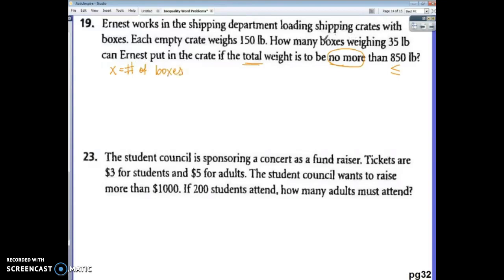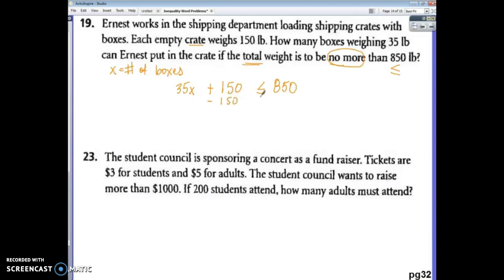It says how many boxes weighing 35 pounds. So each box weighs 35 pounds. So I know that's 35X. I know something's going to be less than or equal to 850. 35X, and then the crate itself weighs 150. So I know that this total should be no more than 850.